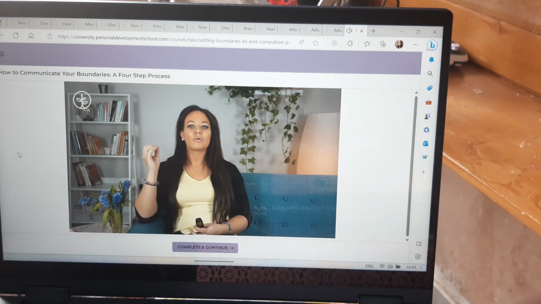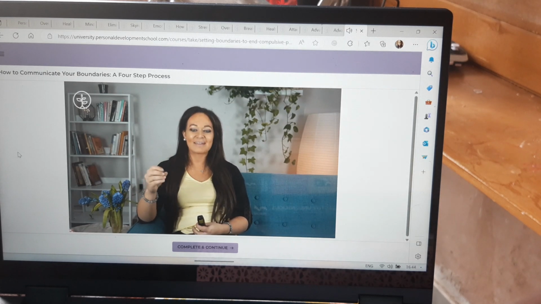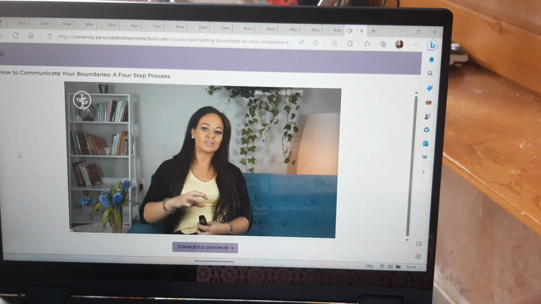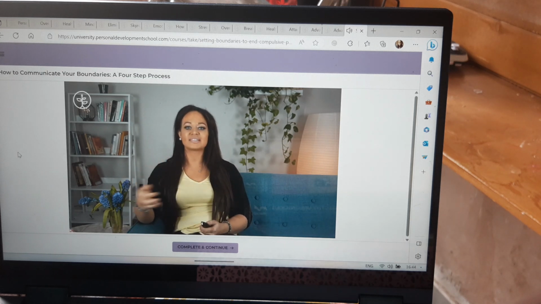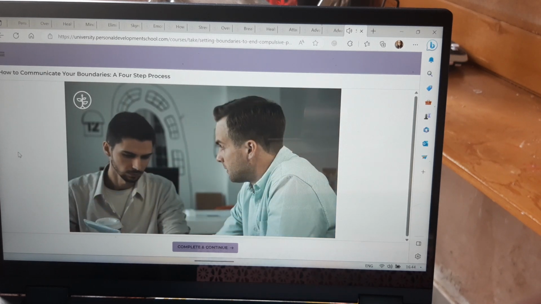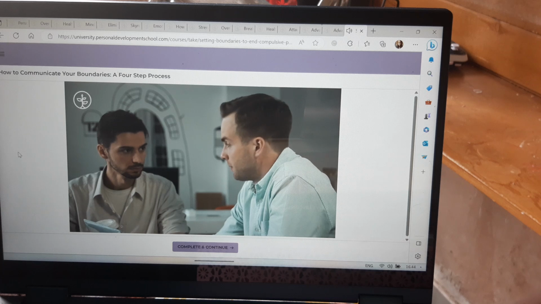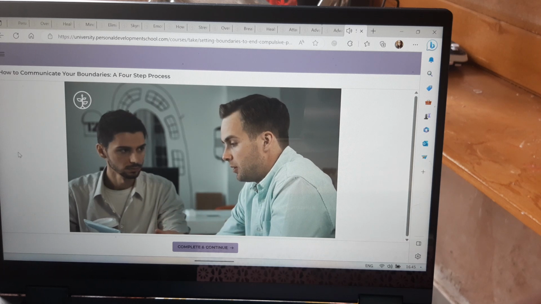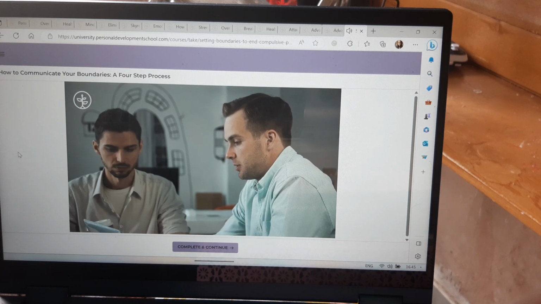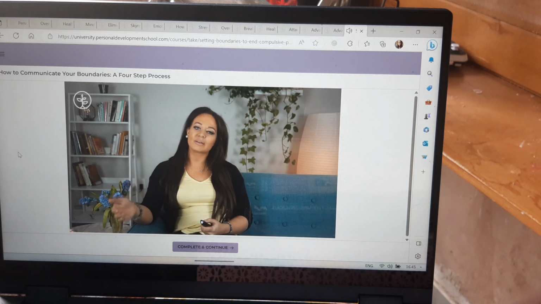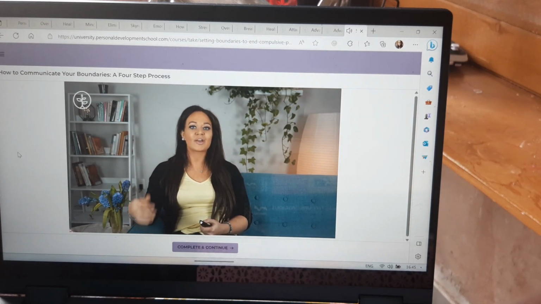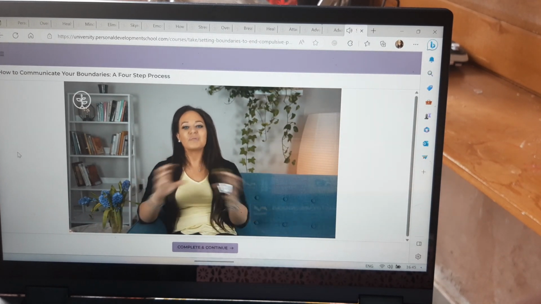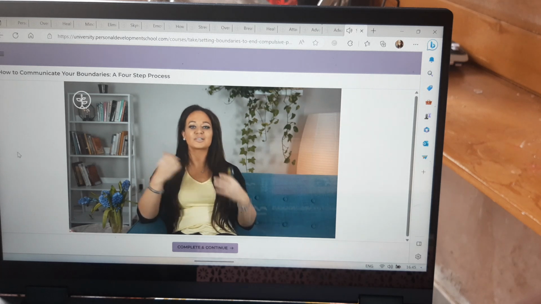Step two, work your butt off during this time. Tweak your approach, try different taglines, different closing processes in the boundary communication process. Like you might say, if you can please respect that, it would be greatly appreciated. For somebody who's more difficult, you might say, hey, that's a really big non-negotiable for me. I hope you can understand. Tweak that closing line, see what works for you, play with this.